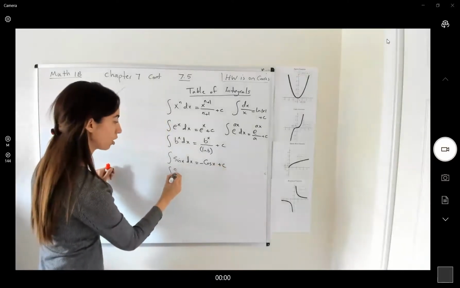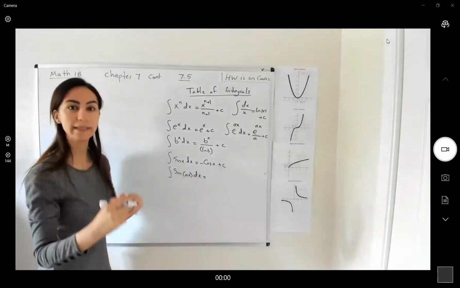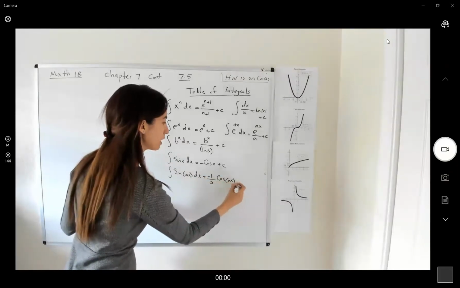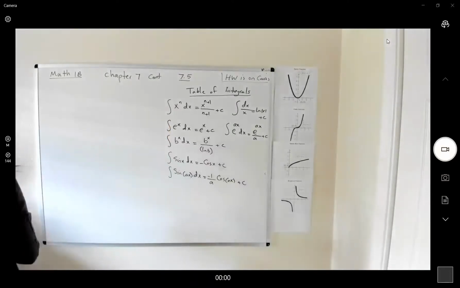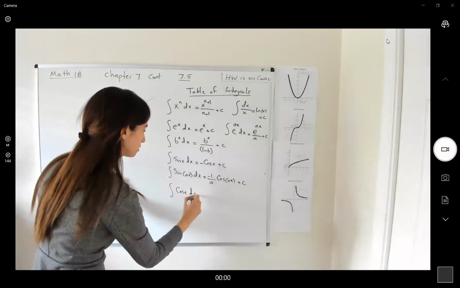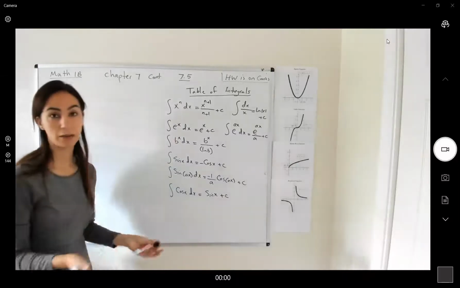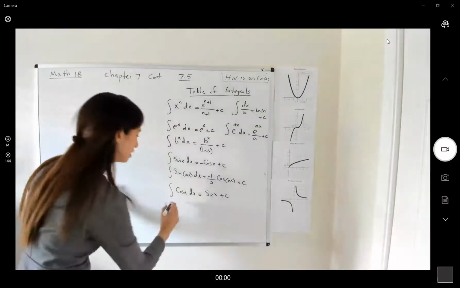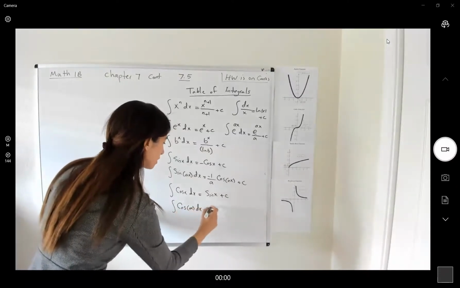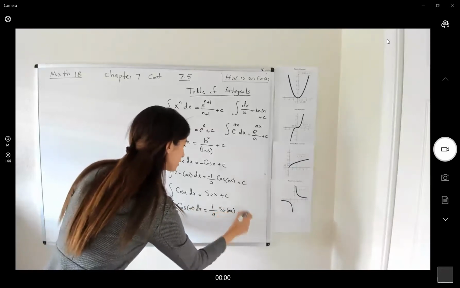If you have the integral of sine ax dx, it's going to be negative 1 over a cosine ax plus C. If you have the integral of cosine x dx, this is equal to sine x plus C. And of course, you can always use substitution. The integral of cosine ax dx is 1 over a sine ax plus C.